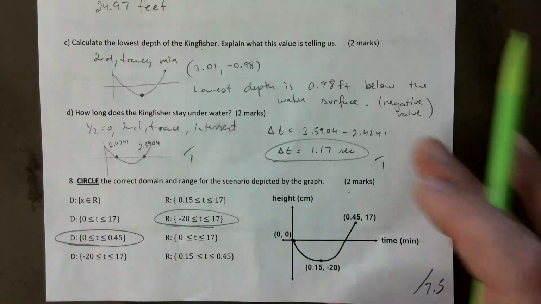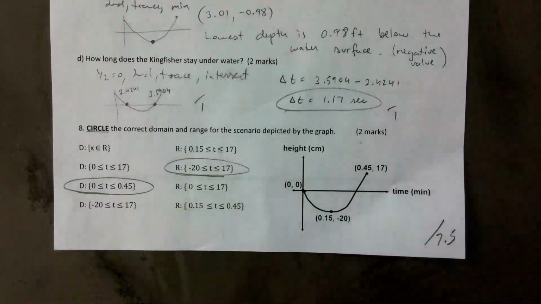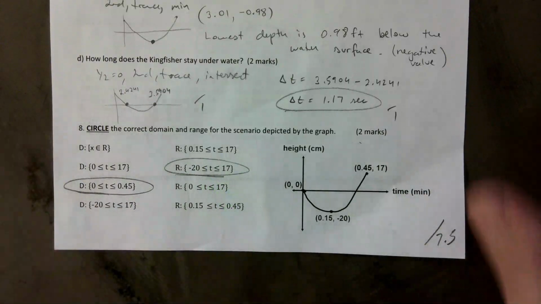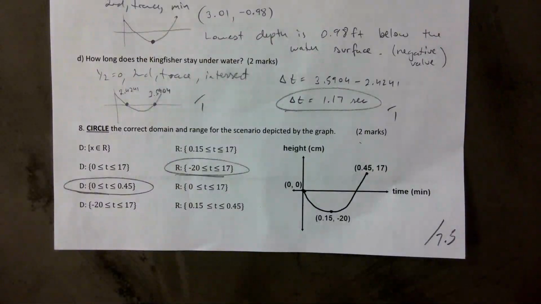And then your domain and range. For the most part, you got this right. It was set notation, sorry, and you came out victorious on that one.